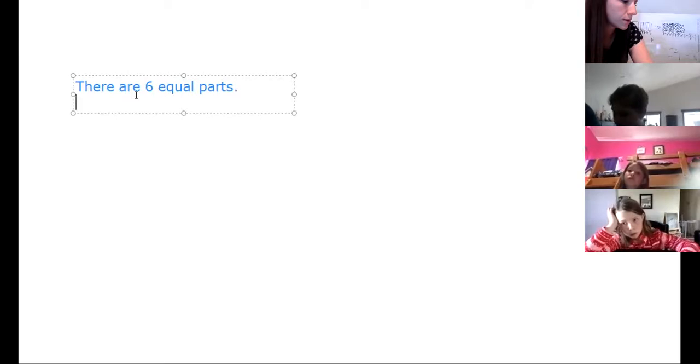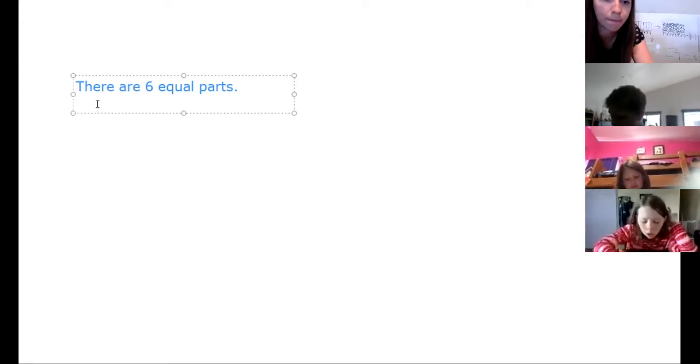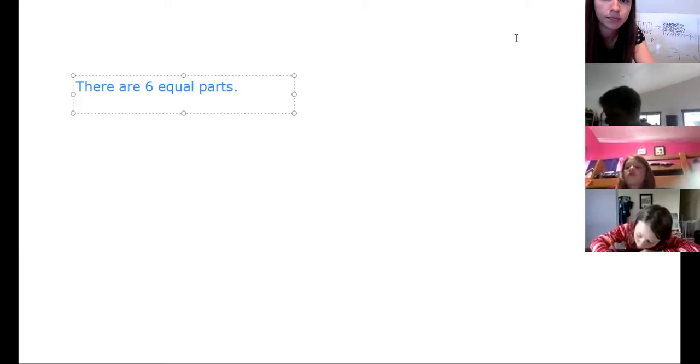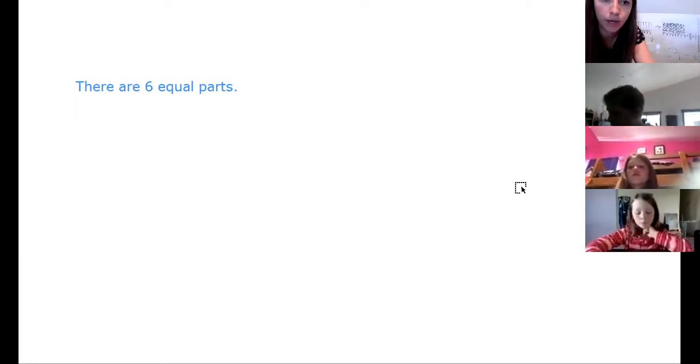So turn the shaded part into a unit fraction. How many of the 6 parts are shaded? Go ahead, Tilly. 1/6. Perfect. So we would have 1/6 because only one of the 6 triangles is shaded.